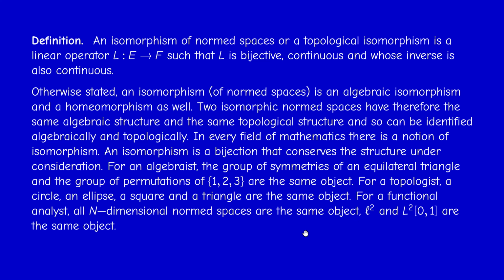In particular, the space of sequences l2, the set of sequences such that the series of general term xn squared is convergent, and the Lebesgue space L2 of (0,1), which is the space of square integrable functions, are isomorphic. So for a functional analyst, it's the same object.